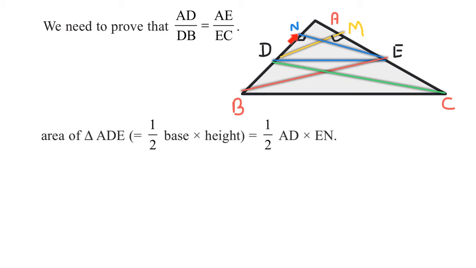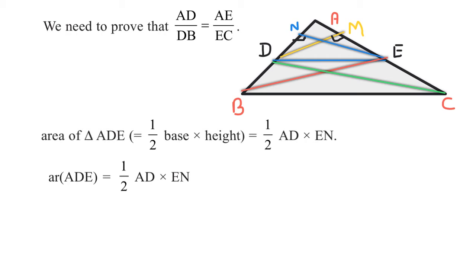EN will be the height. So area of the triangle ADE will be half base, which is AD, times height, which is EN. Remember that instead of writing area of triangle ADE, we can straight represent the area as ar. So area of triangle ADE is half AD times EN.